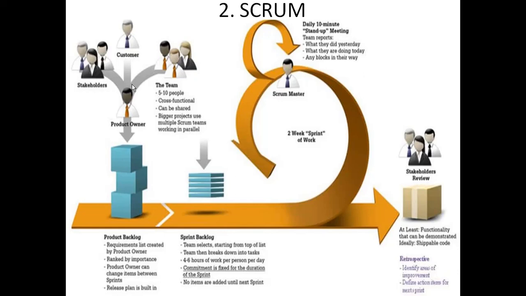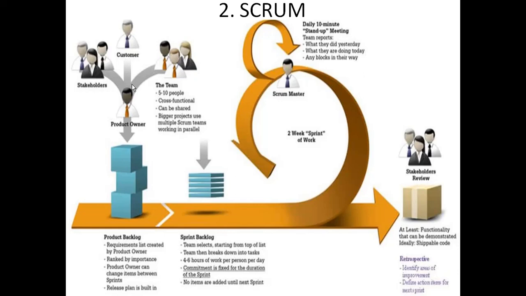They are cross functional, that is the members can work within the teams and can be shared. Bigger projects use multiple scrum teams working in parallel, that is there are various scrum teams that work parallelly.